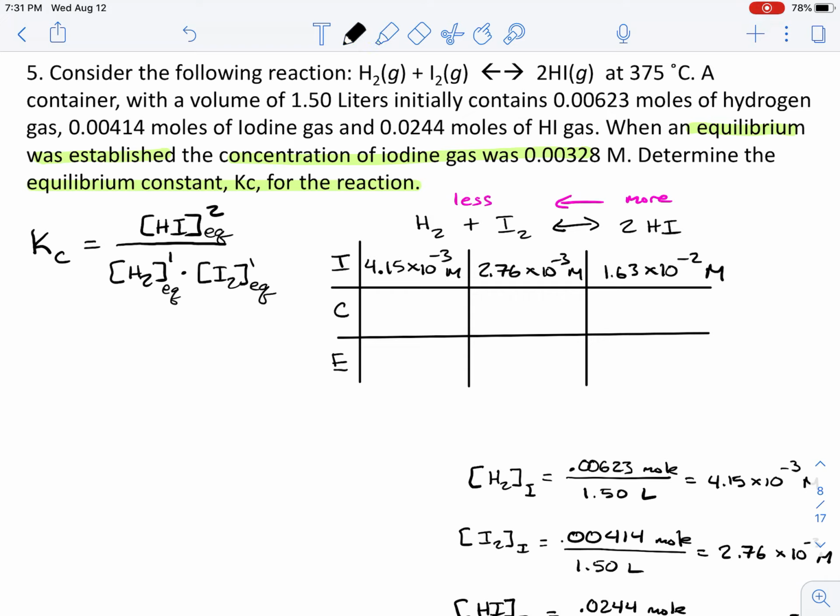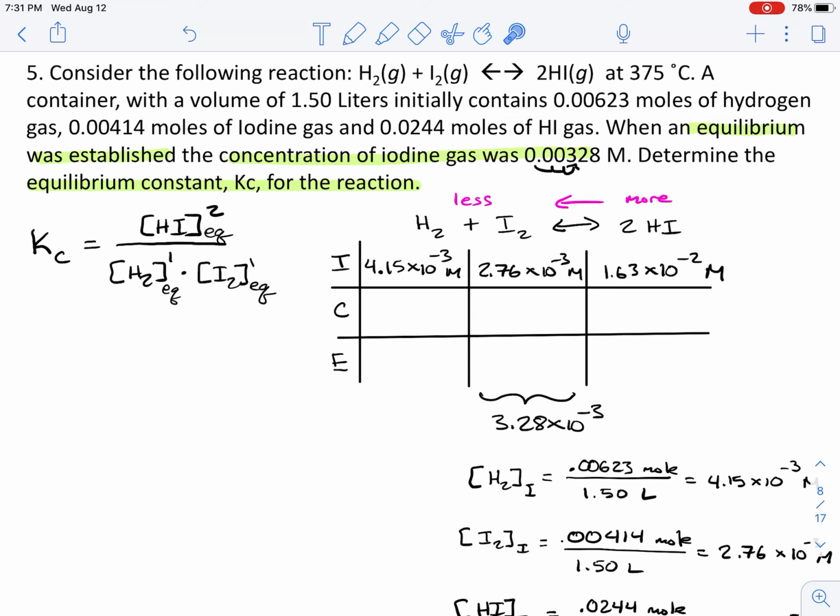So that's telling you that the equilibrium concentration for I2, if I convert it to scientific notation, is 3.28 times 10 to the negative 3. So all I'm doing is moving this place 3 times to the right.